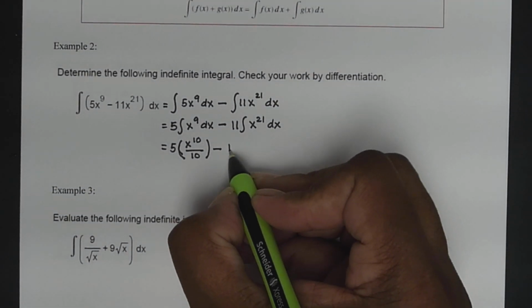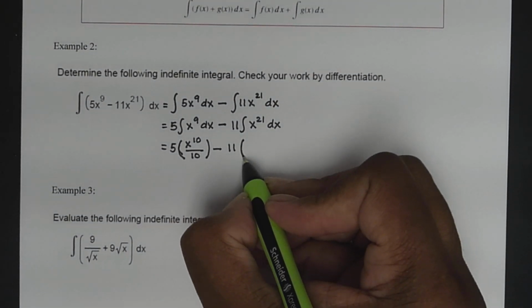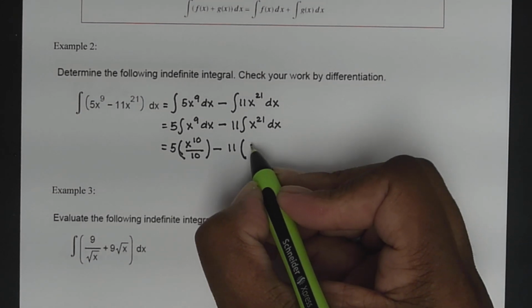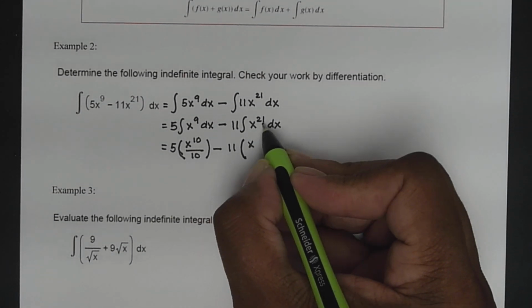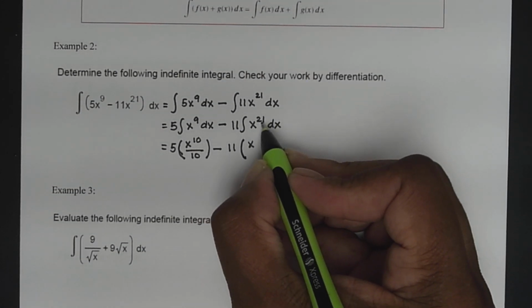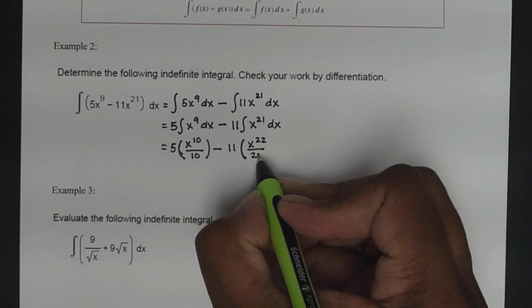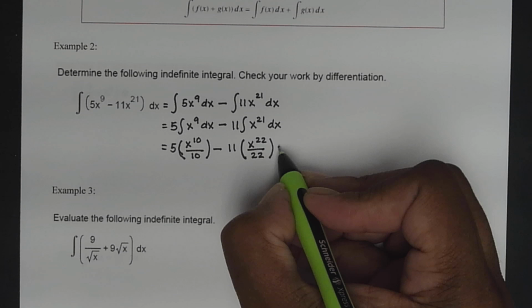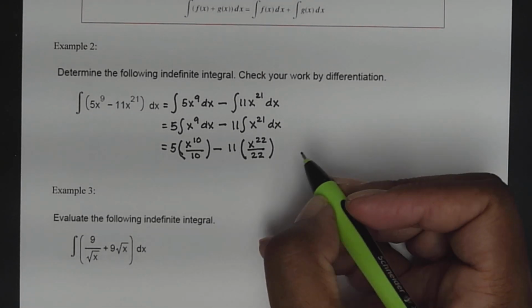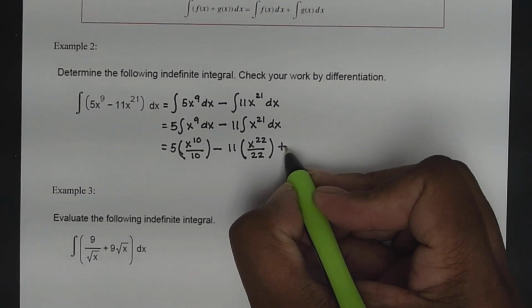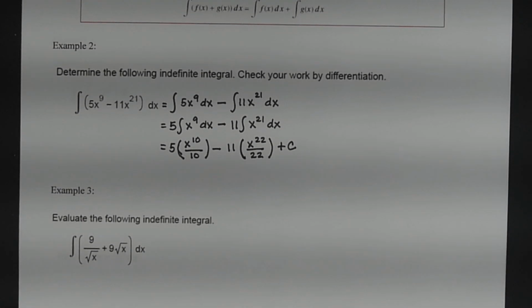And then minus 11 times x, increase the power by 1. So if I add 1 to the 21, it will be 22. That will be divided by 22, which is that new exponent. And since this is an indefinite integral, I must include plus c.